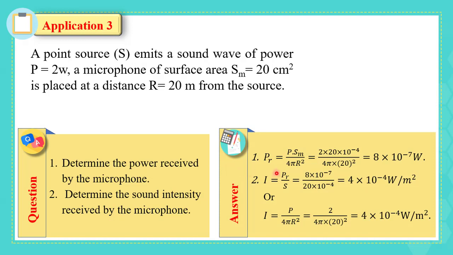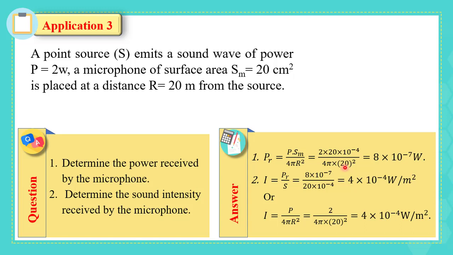Concerning the power received, we reached before the formula that relates the three terms, which are P, the surface area of the receiver, and the surface area where the receiver is, which is PR equal to P multiplied by Sm over the surface area where the receiver is, which is 4 pi r squared. If we replace each term by its value, we will get the received power.